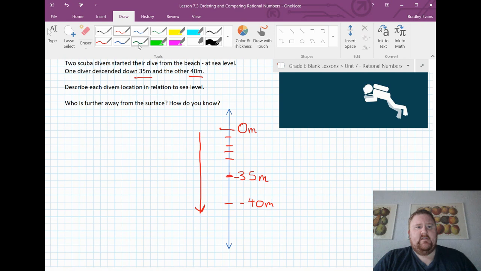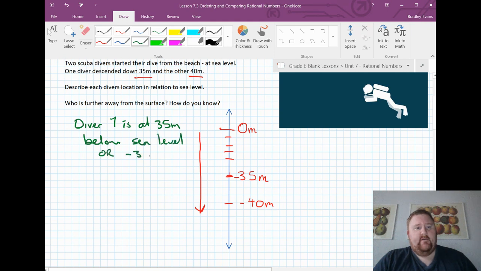So describe each diver's location. Well, diver 1 is at 35 meters below sea level. Or you might say that he is negative 35 meters. And diver 2 here is at 40 meters below sea level.